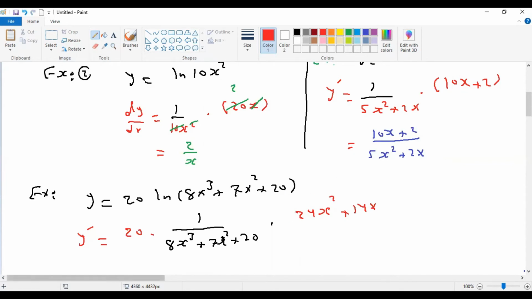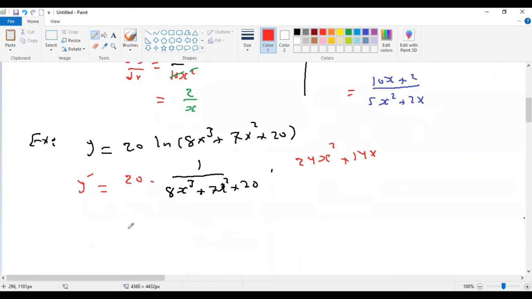Now we have to write the answer this way: 20 multiplied by 24x squared plus 14x over 8x cubed plus 7x squared plus 20.